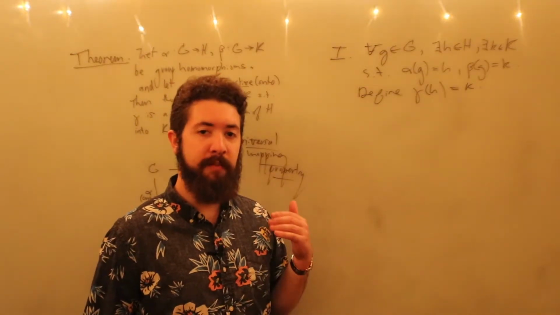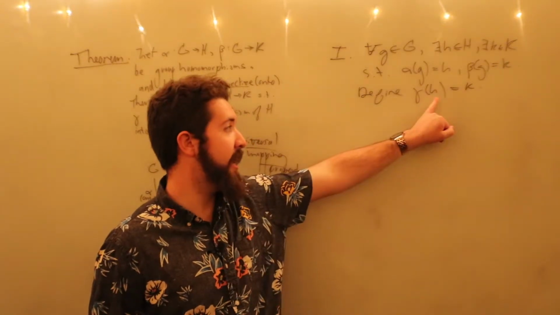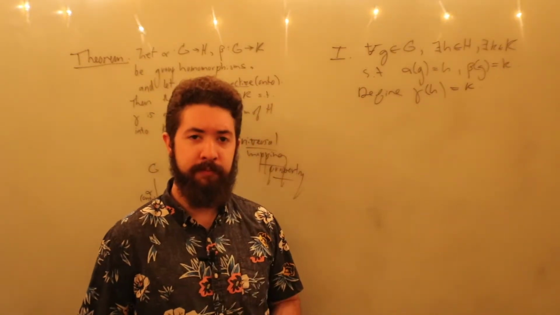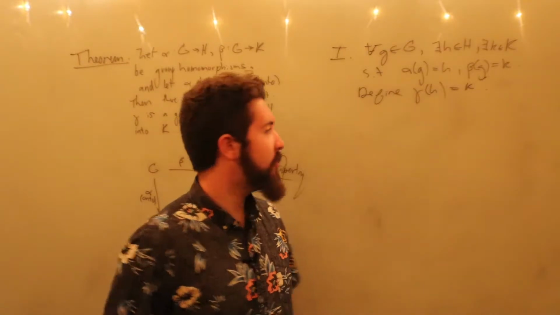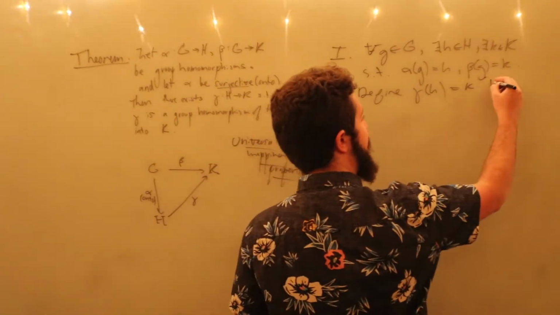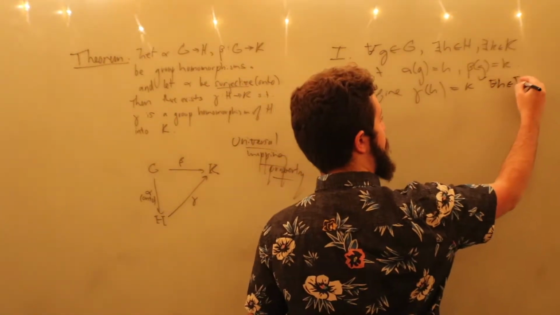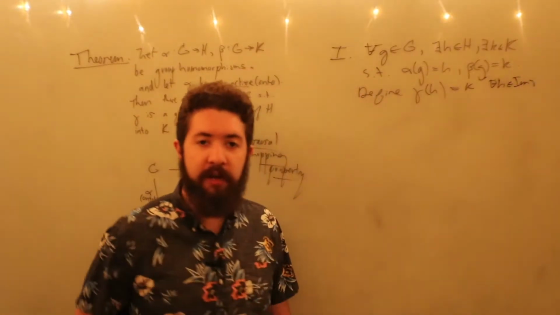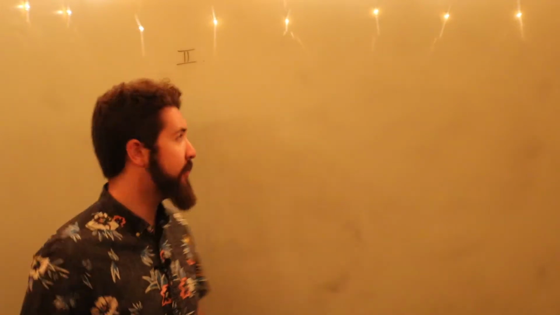That is, it doesn't matter which pre-image of the element h we choose. And this definition is going to be valid, of course, for all elements h in the image of G under alpha. Alright, now we need to show that it's operation preserving.